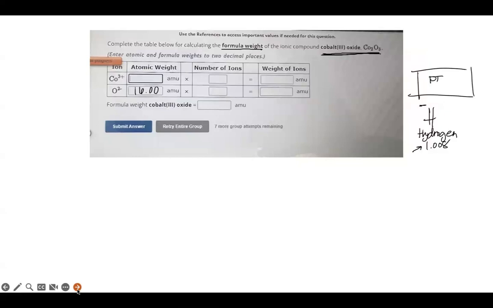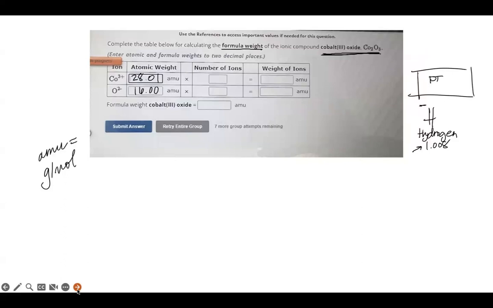AMU is also equivalent to grams per mole. All right. Cobalt, or Co, has a molar mass of 28.01.